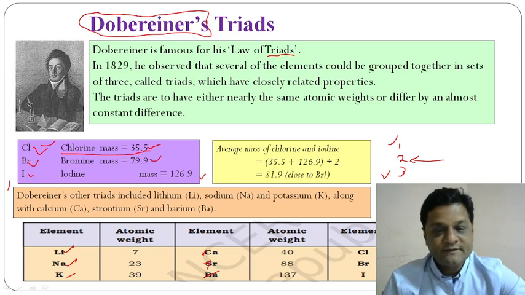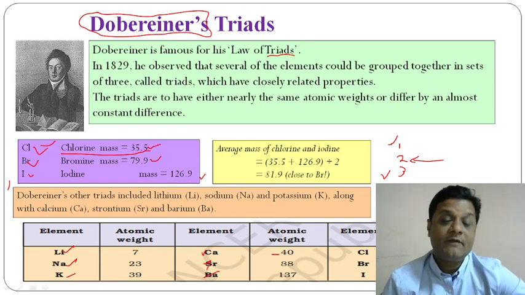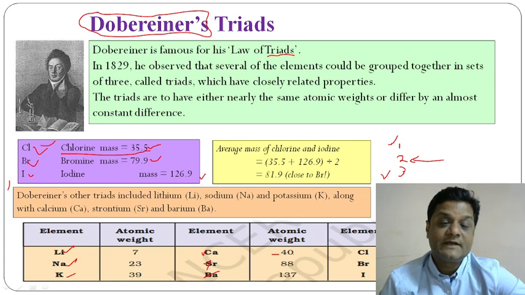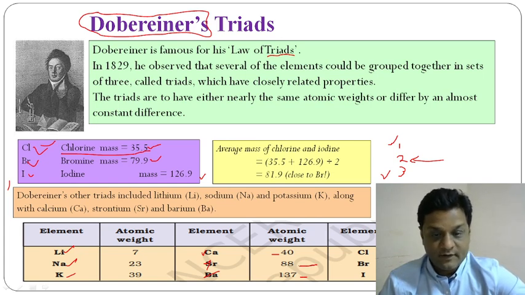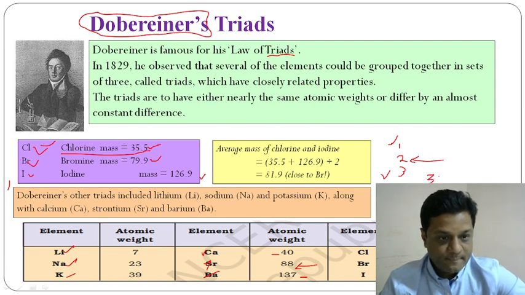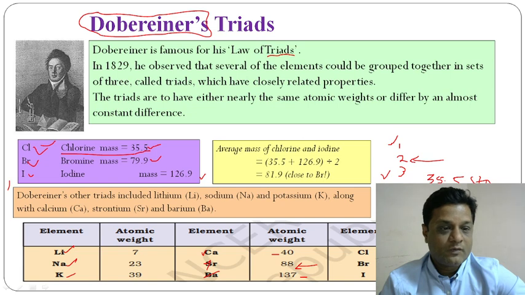The average of the first element and the third element will be equal to the atomic weight of the second element. We can take the example of chlorine, bromine and iodine: 35.5 plus 80, divided by 2, will be equal to around 127.